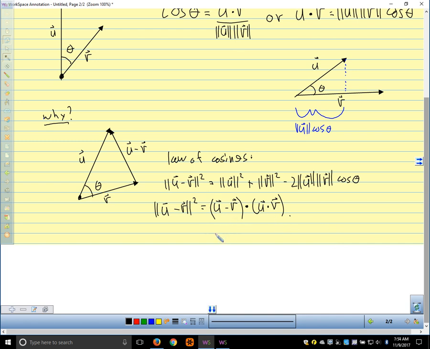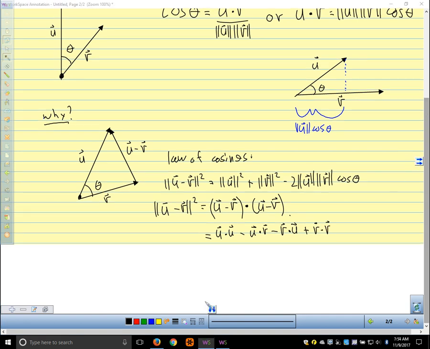We know that the dot product is distributive, so this is u dot u minus u dot v minus v dot u plus v dot v. So we've just FOILed that out.